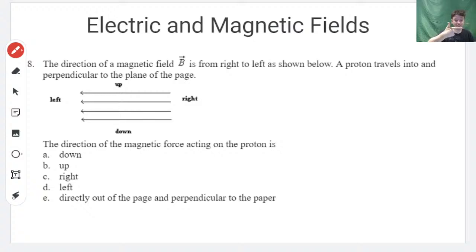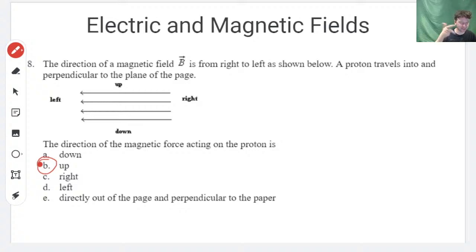The speed of the proton, that's the thumb, and we're going to have this pointing into the page. So this is where things get difficult with your wrist. Into the page or into the screen in this case. And then your middle finger points in the direction of the force. So in this case, it is up. Okay, so the direction of the force is going to be up.